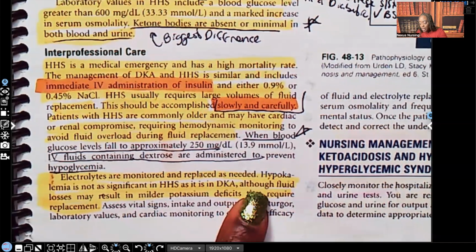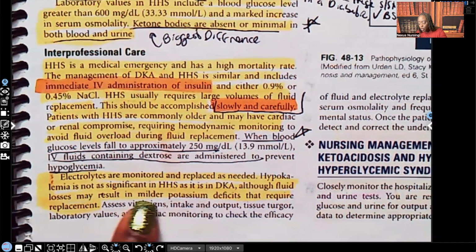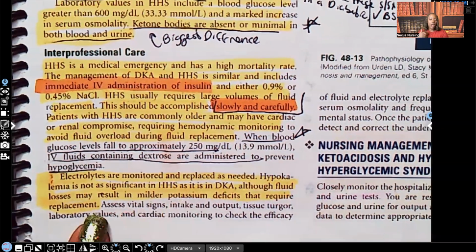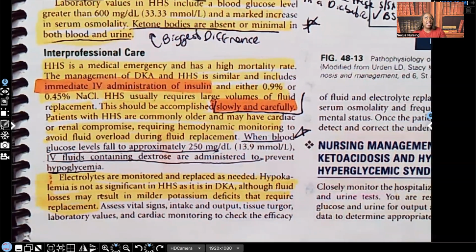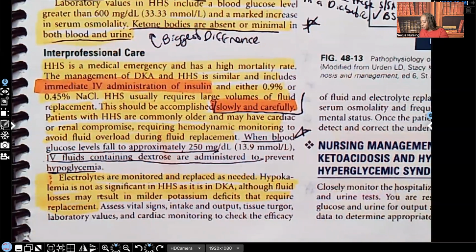Hypokalemia is not as significant in HHS as it is in DKA, although fluid losses may result in milder potassium deficits that require replacement. So because that patient's getting insulin, yes, it may cause the potassium to drop, but it won't be as significant. It won't be as much an assault on the body in HHS as it is in DKA, okay?